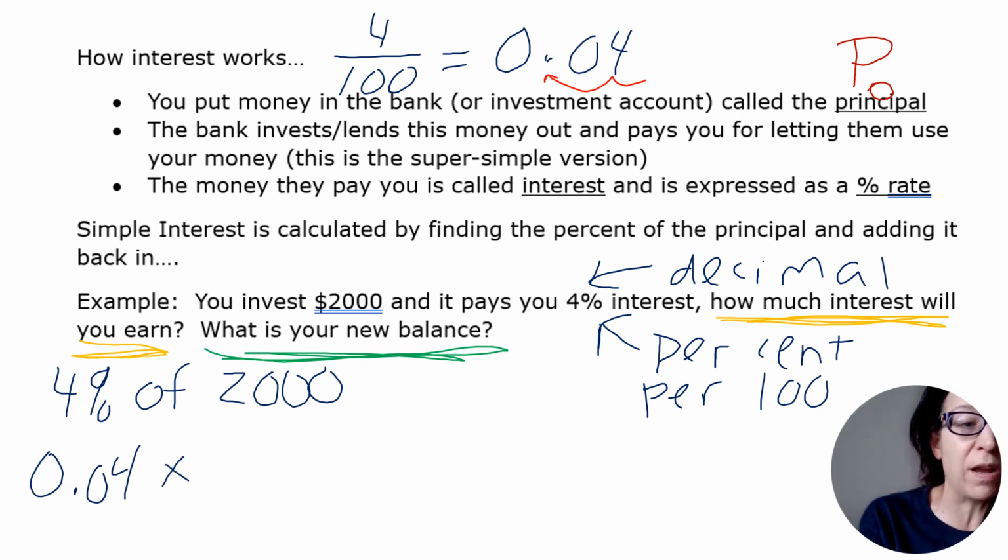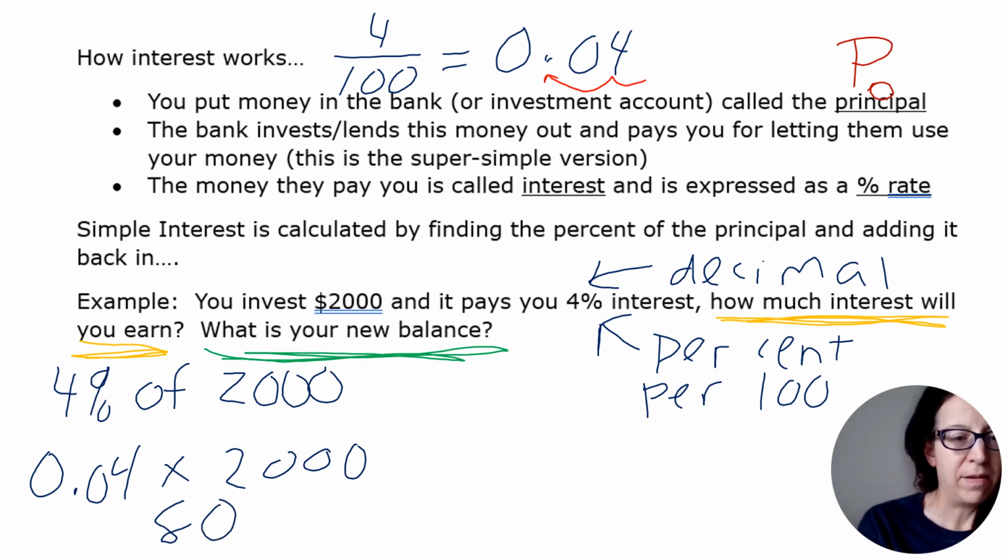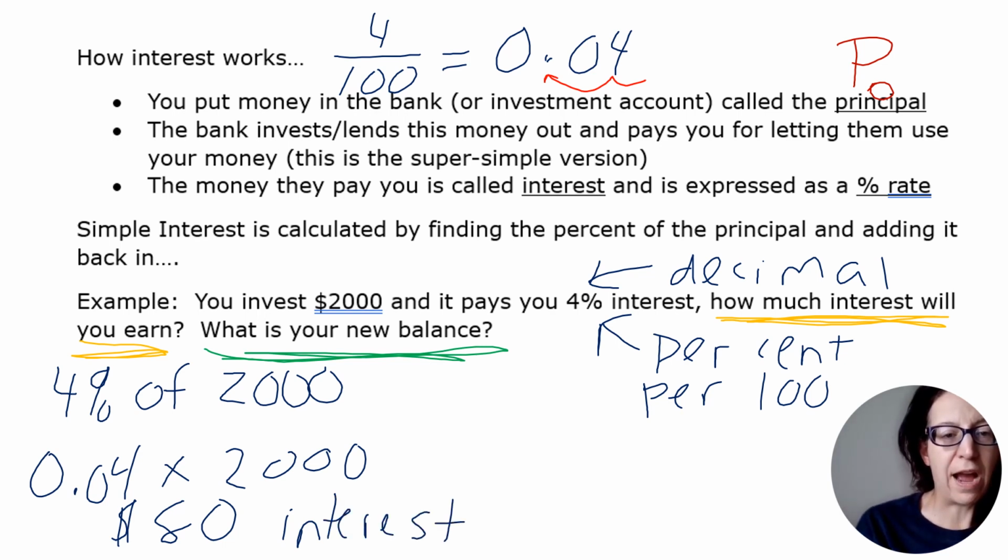So this is going to be 0.04 times 2,000, and then probably you would need a calculator to do that. 0.04 times 2,000 gives me 80. Now, $80 is the interest. I would be earning $80 of interest.